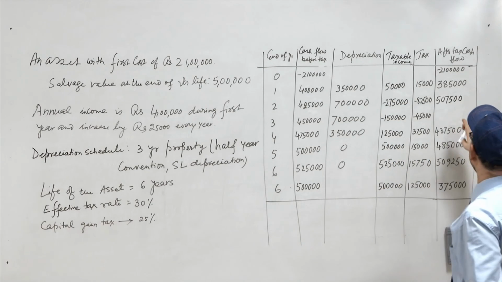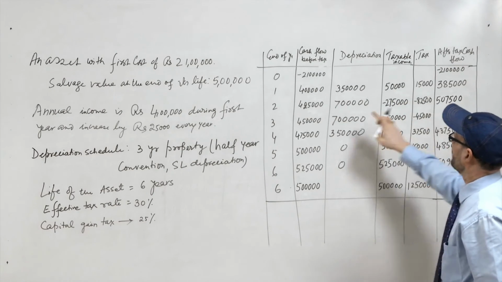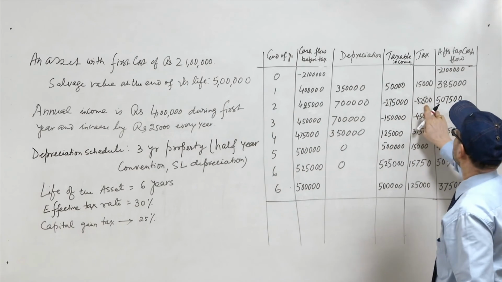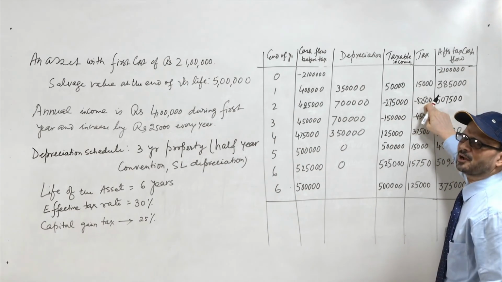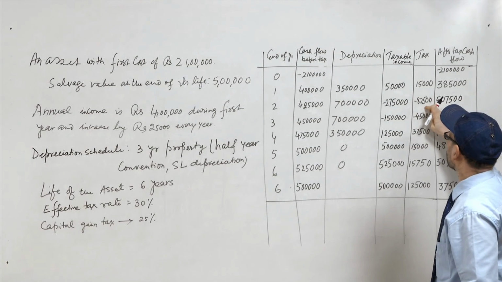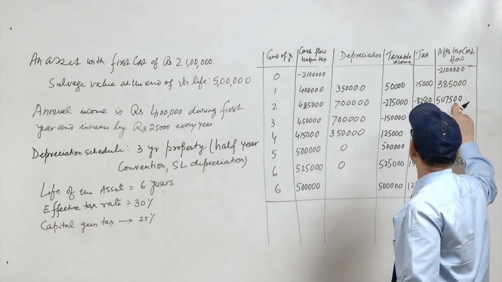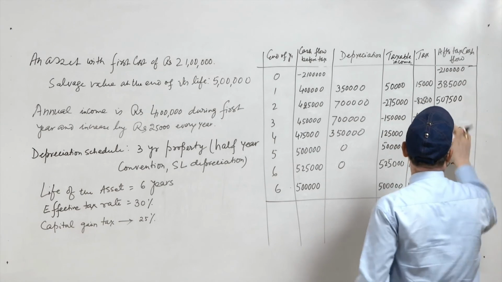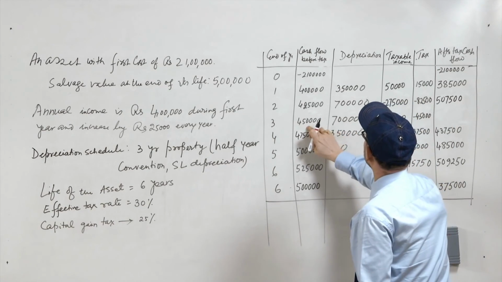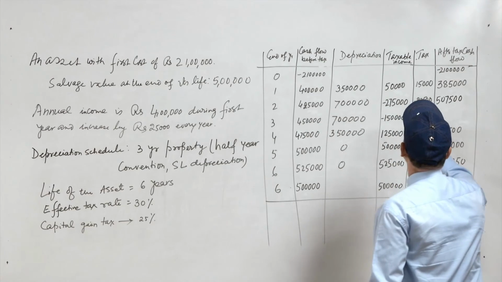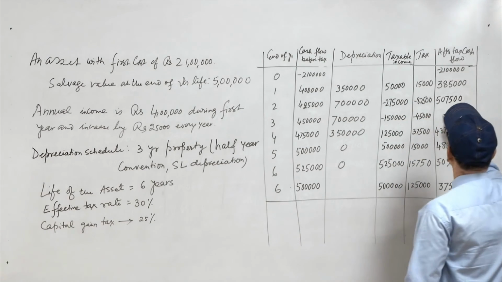So this will be basically the after tax cash flow for the second year, because this is the negative quantity, this is the tax saving, and that is why your cash flow is increased at this point. And the same way here also you have 450,000 plus 45,000 as the tax saving.